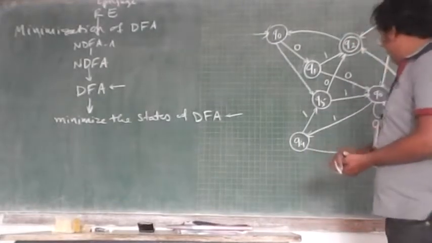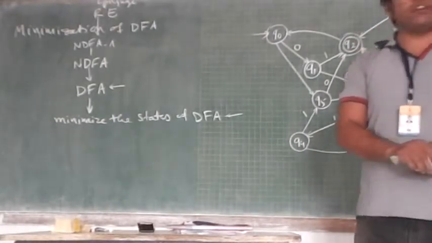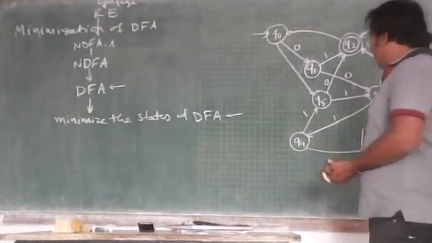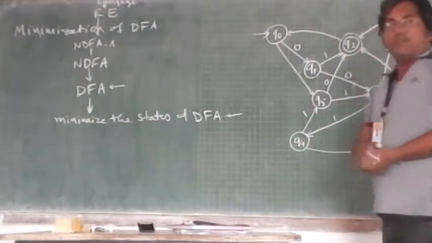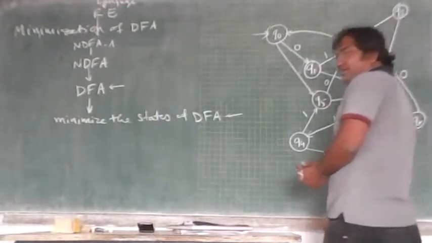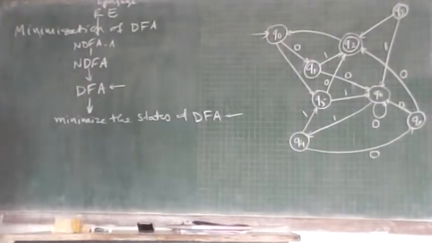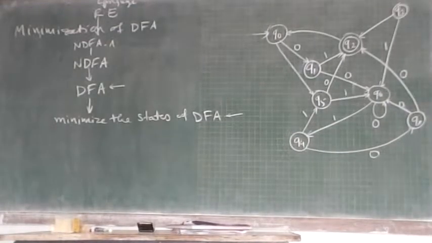Here if you count, the number of states in this finite automata is 8, and if you do some analysis or observation over this finite automata, we can find that some of the states we can remove from it. Is anything missing?